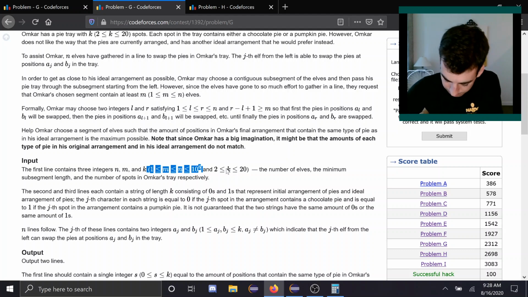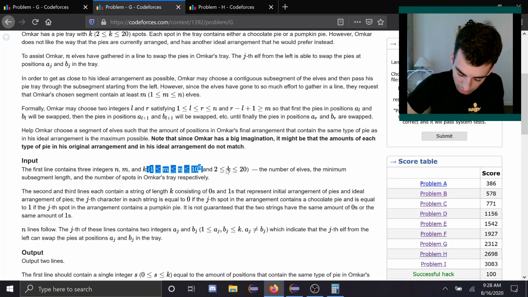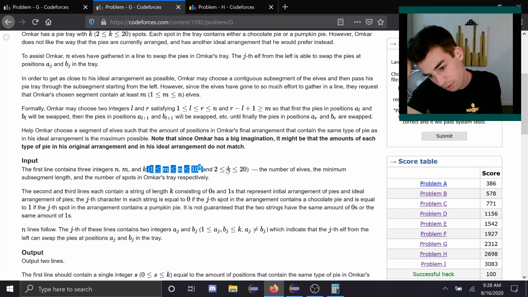So doing this range of swaps is, I guess, the same as doing all of the swaps and undoing these ones first.